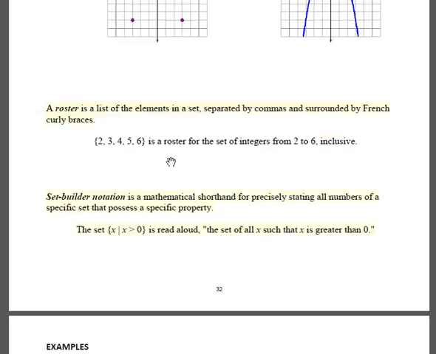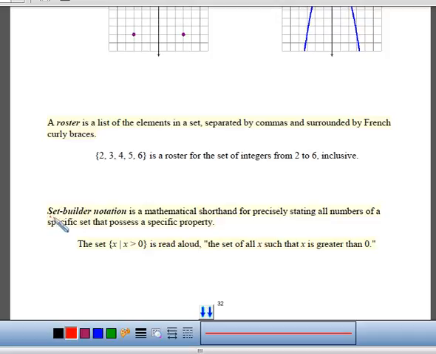So we already talked about the roster. Now we're going to talk about set builder notation. It is a mathematical shorthand for precisely stating all the numbers of a specific set that possess a specific property.